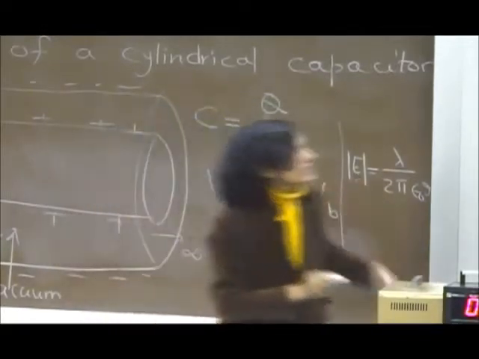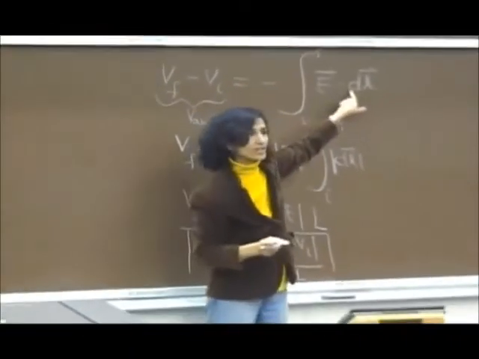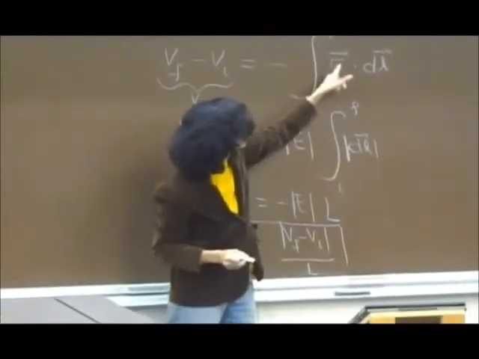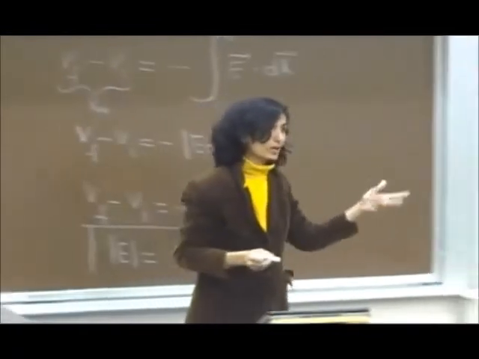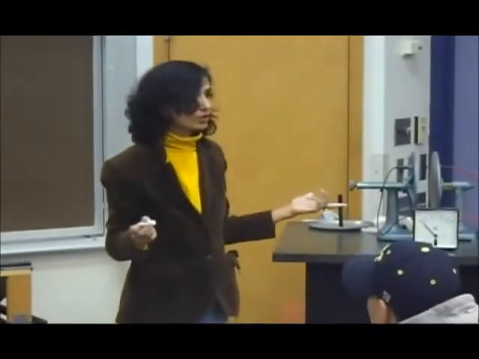And we used this, and we made use of the fact that potential difference is related to the integral of electric field. Do you remember that we put lambda divided by 2 pi epsilon 0 r, and we said integral of 1 over r or 1 over x is log? Do you remember we said that it's natural log?